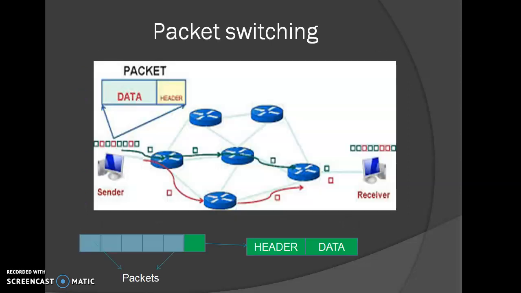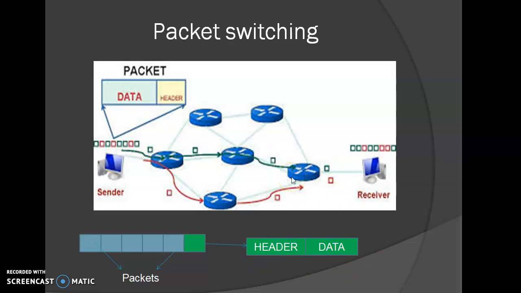Now the problem here is, say I have only these two routes. If these routes are busy, or there is so much traffic, what will happen? There will be a time allotted for a particular packet to travel from the sender to the receiver.